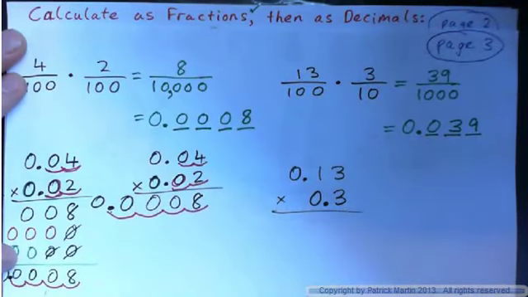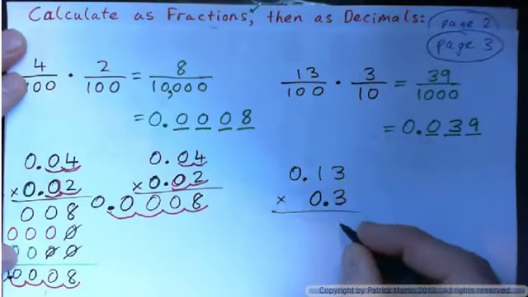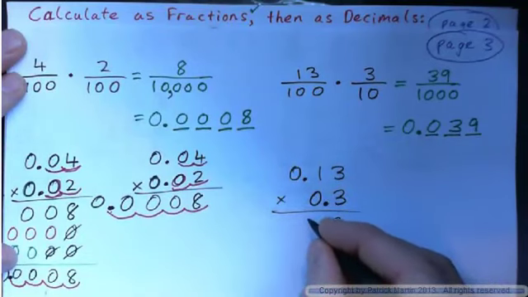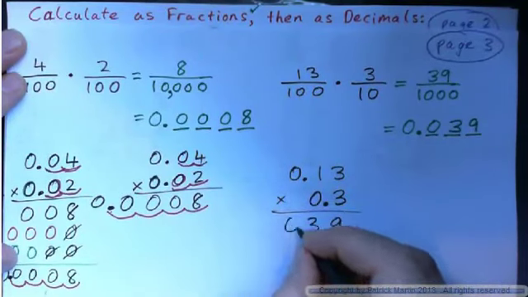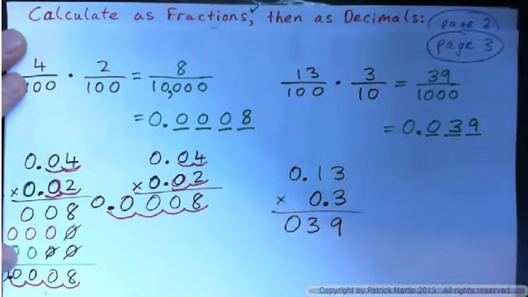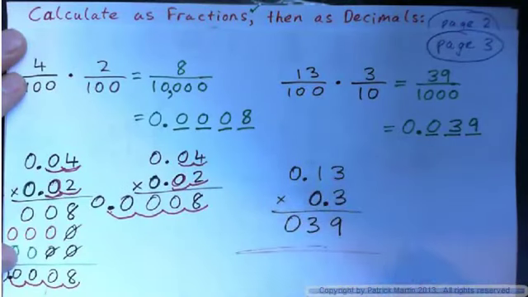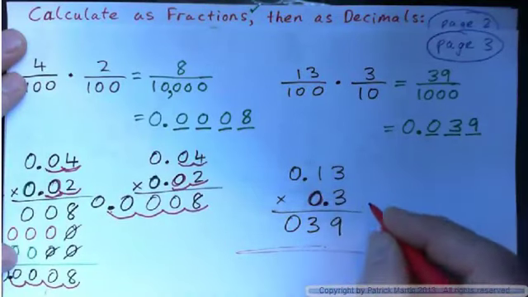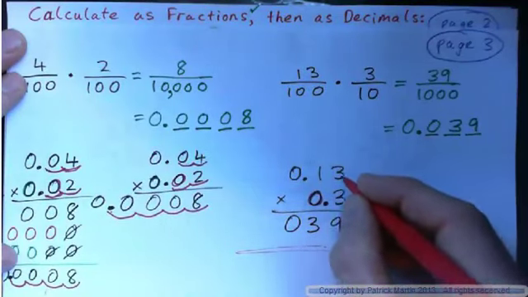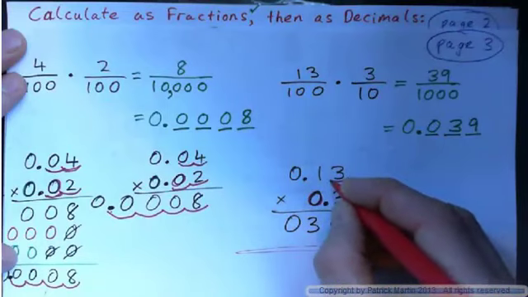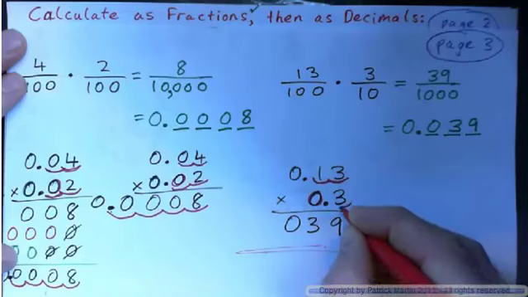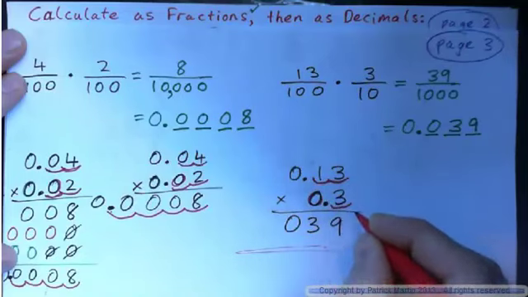So we just go ahead and multiply that. 3 times 3 is 9. 3 times 1 is 3. 3 times 0 is 0. And you don't have to multiply this 0 out because it's going to give you zeros down here anyway. We already know that. So you can just skip that part, and then we just count the decimal places in the problem. 1, 2. So sorry, 1, 2, 3, isn't it? 1, 2, 3.